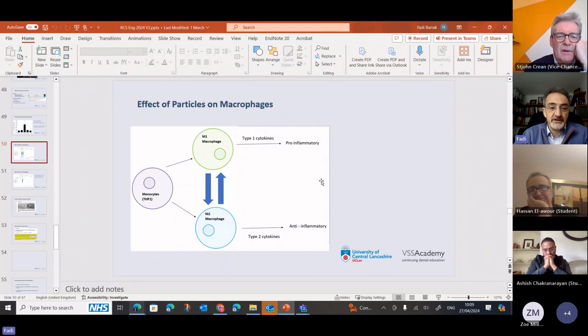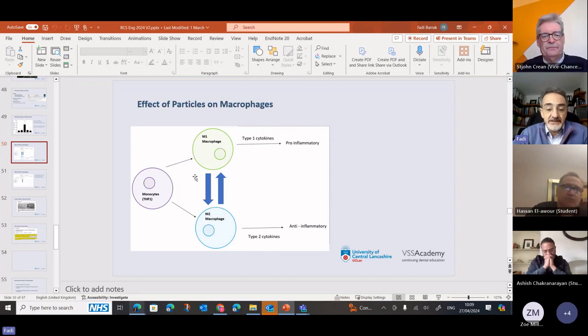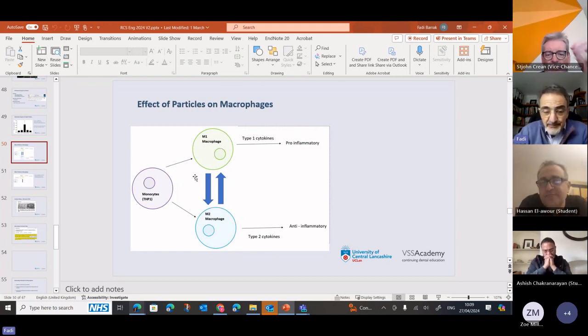So just before we go further, I just want to do a wee bit of revision. Can you see my PowerPoint now? There's a little slide. Yeah, okay. So in essence, just to remind you, monocytes become macrophages in tissues, and there is a gradient which is widely spoken of.